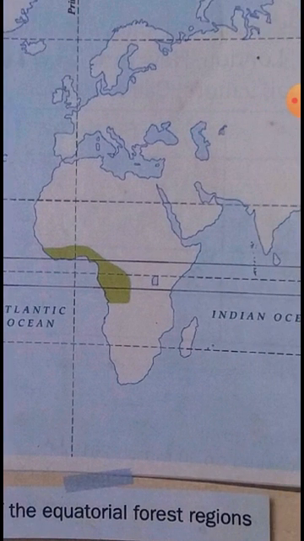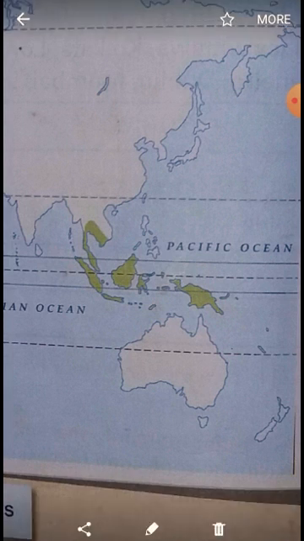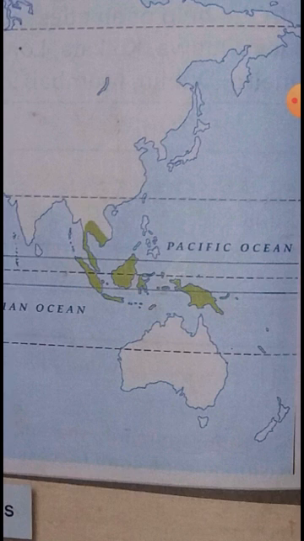In Africa, Guinea, Liberia, Ivory Coast, Ghana, Nigeria and Congo lie in this region. Malaysia, Indonesia, New Guinea and parts of Thailand in Southeast Asia also lie in this region.